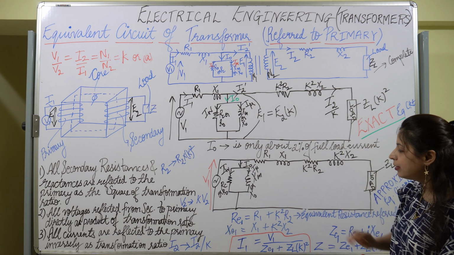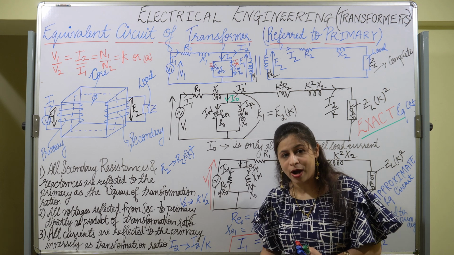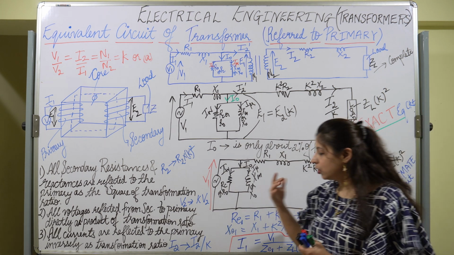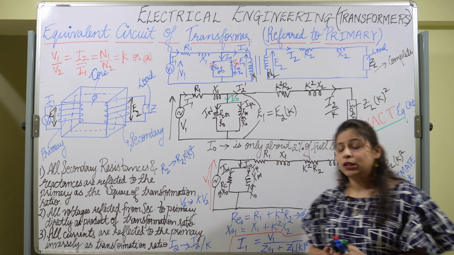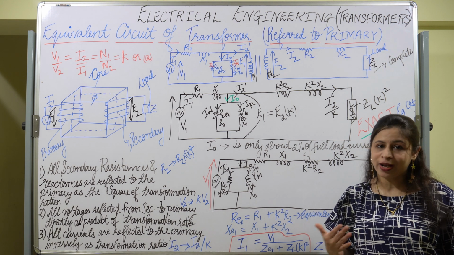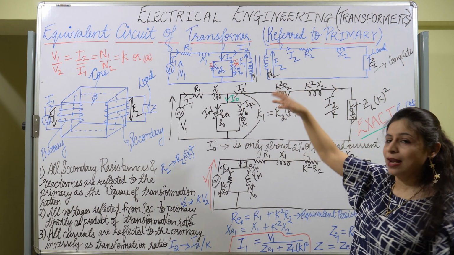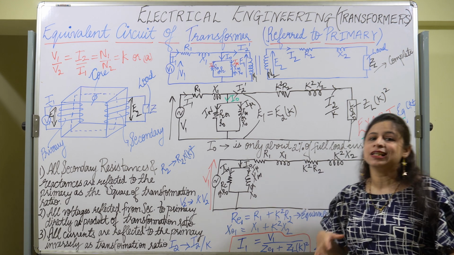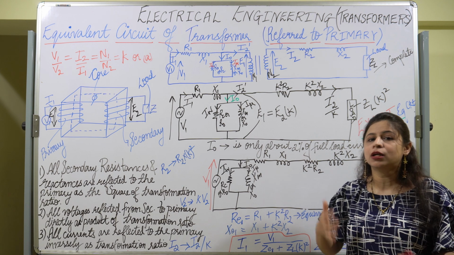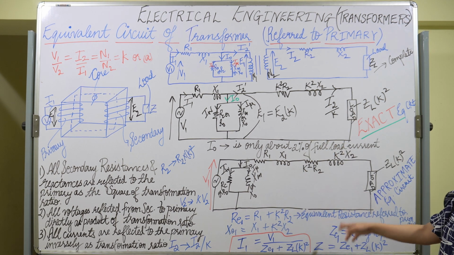Now, what are the advantages of the approximate equivalent circuit? There are two basic advantages. The first advantage is that calculating the impedance is very much easy. Here there are two circuits, and the impedance calculation is very much complex. We cannot calculate easily, and we cannot analyze the transformer easily. But here the impedance can be easily calculated.